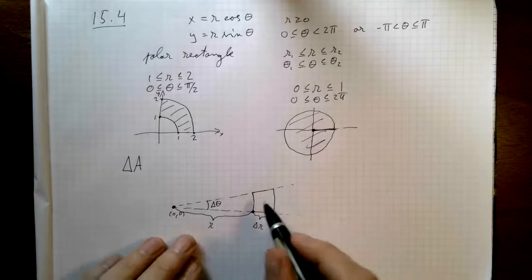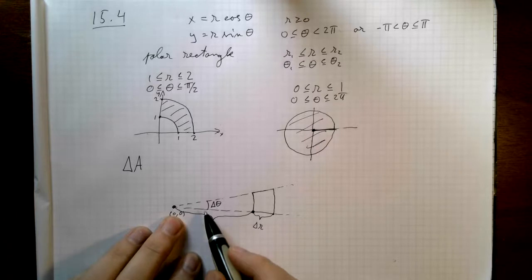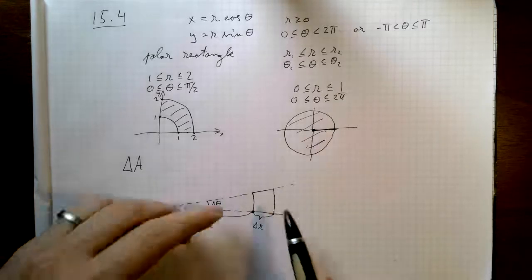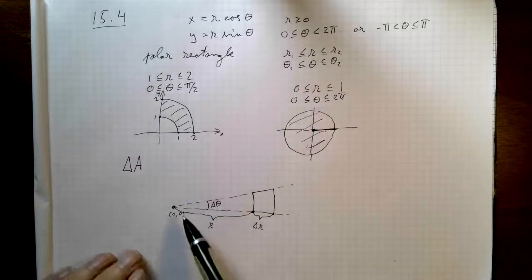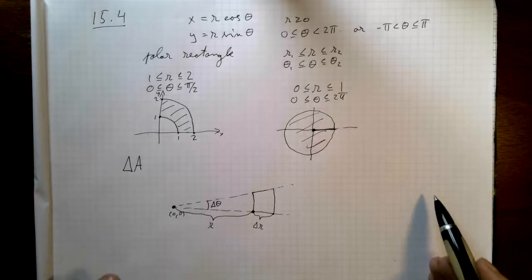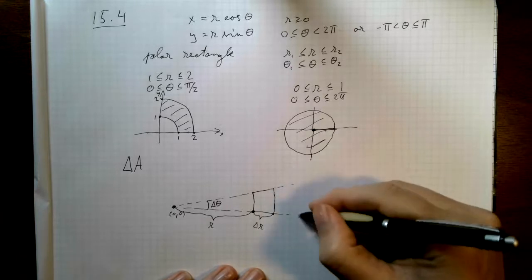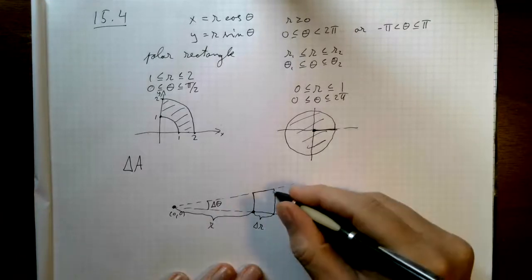But the further out we are, for the same change in angle, as we're going further and further away from the origin, the same angle means we have to travel more distance, right? Well, what is this distance?